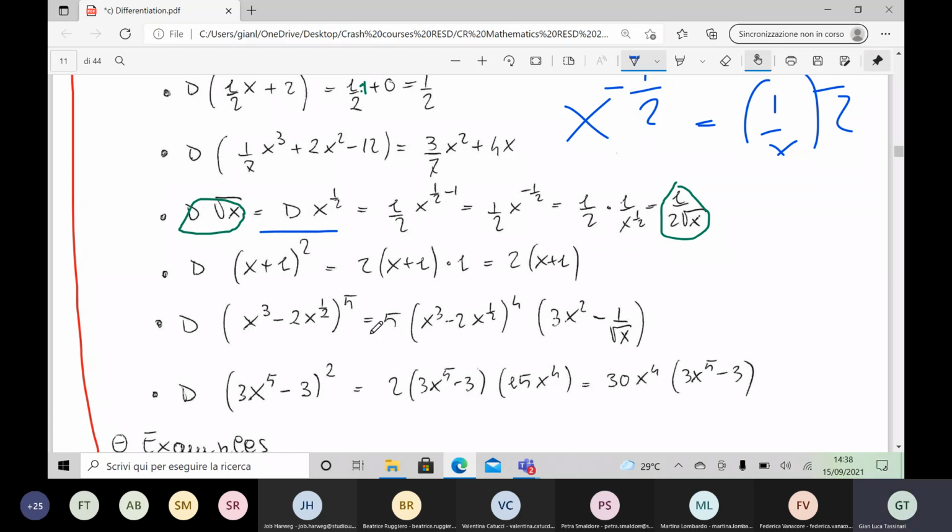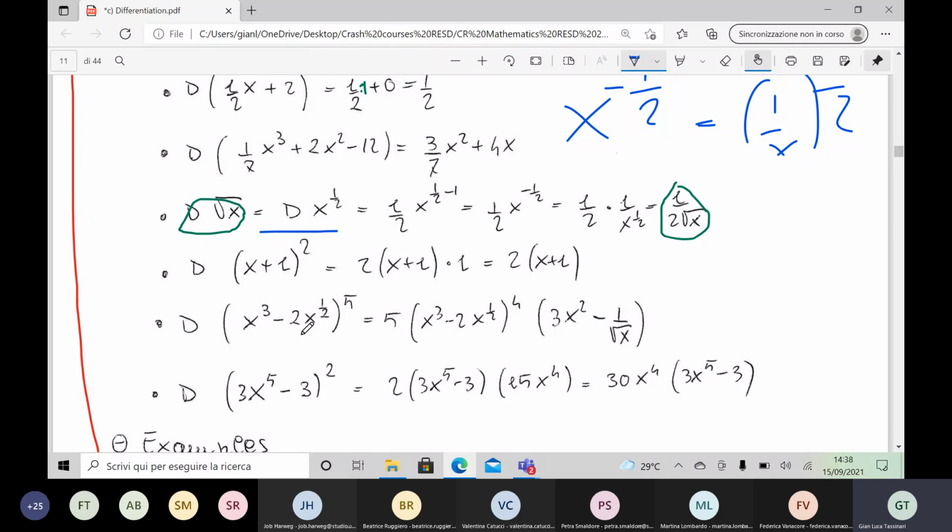And then you have minus what? Keep in your mind 2, guys. Minus 2 times the derivative of x to the power 1 over 2. Since I don't want to repeat all the steps we did above, you see that we found out the derivative of x to the power 1 over 2 is 1 over 2 times square root of x.